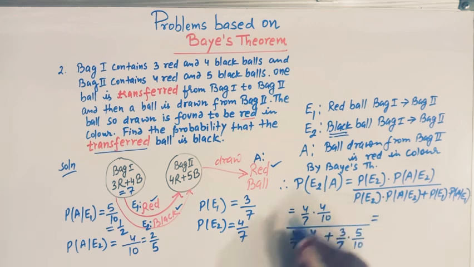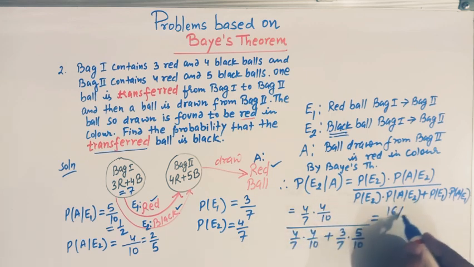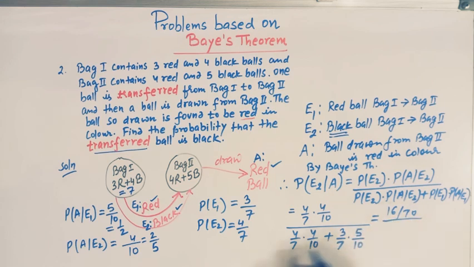So now simplifying it, we have 16 over 70 divided by 16 over 70 plus 15 over 70.